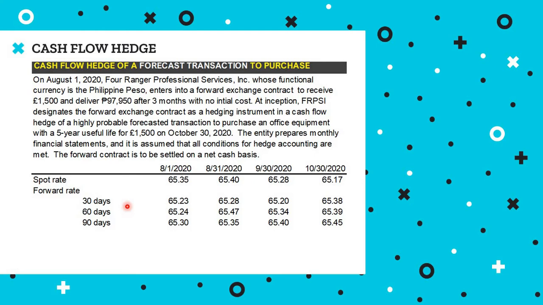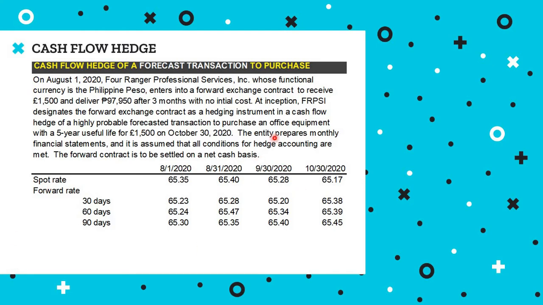In order for a forecasted transaction to become a hedge item, it should be highly probable. At ano daw ang ating forecasted transaction? Tayo ay bibili ng isang office equipment na may 5-year useful life at siya ay denominated in foreign currency, the British pounds. At ilan daw? 1,500 British pounds. At kailan ang expected date ng ating purchase? On October 30, 2020. So, ito yung ating hedge item at ang ating hedging instrument is yung forward contract to purchase 1,500 British pounds.